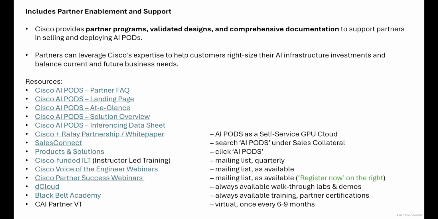And then, we also have the CAI Partner VT, which is a virtual event that we hold approximately once every 6 to 9 months to cover pretty much everything CAI or data center product related. And it's a partner facing event. So we've got lots of enablement support. I'm sure the list doesn't end here, but this is a great list of resources that you can leverage to get started.